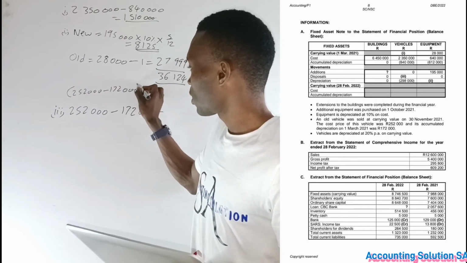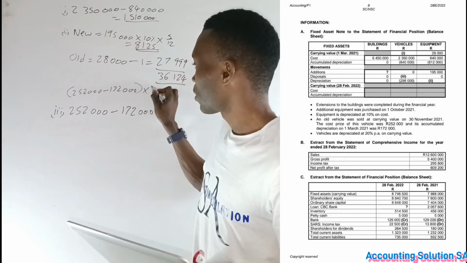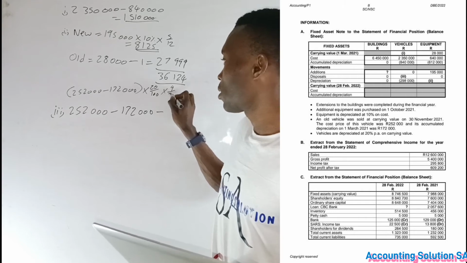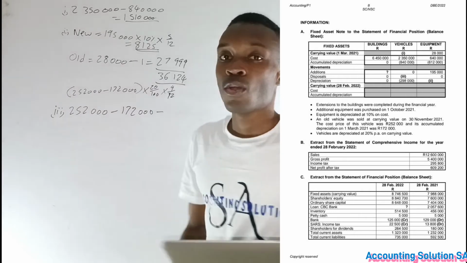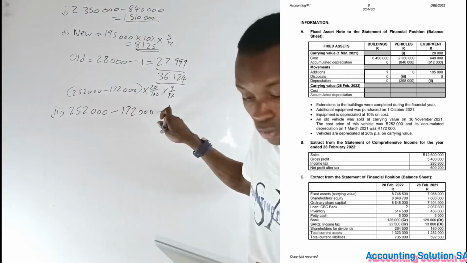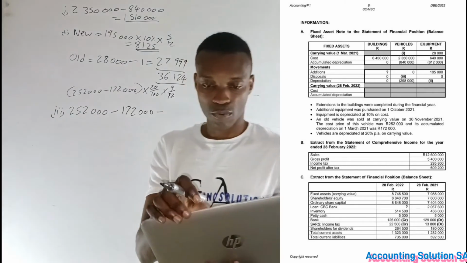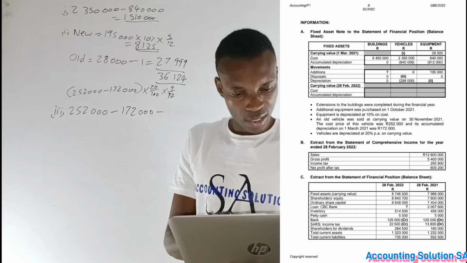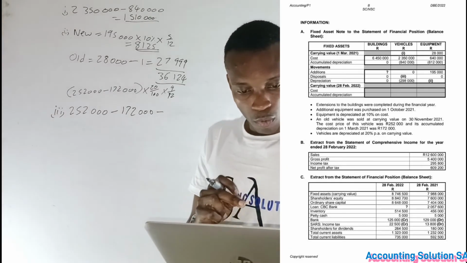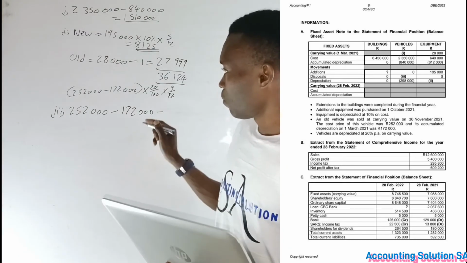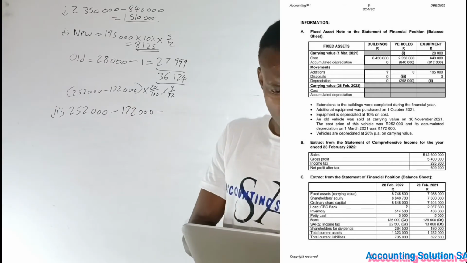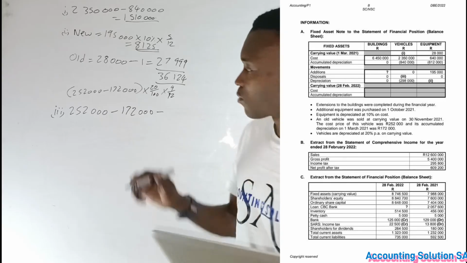Okay, then after that we're gonna multiply by 20% and multiply by 9/12, which is going to give us the depreciation that we are going to subtract here. Very simple. Okay, if you do this calculation first, you are going to get an amount of, okay, let me calculate here. It's going to give us an amount of 12,000.